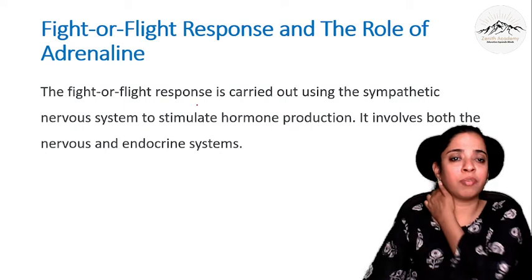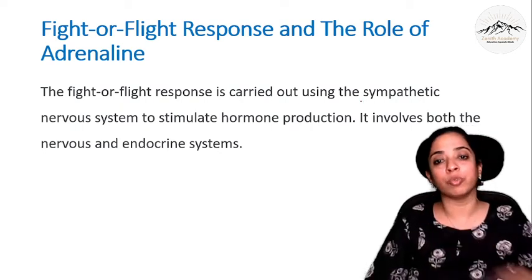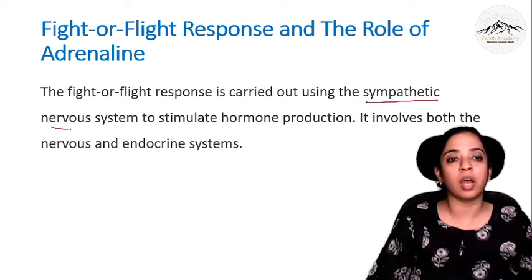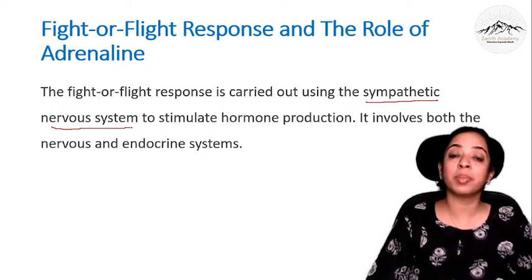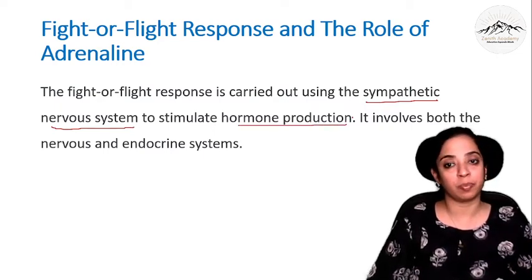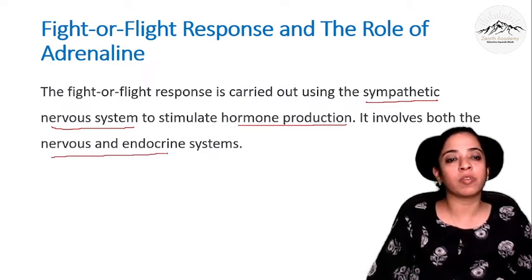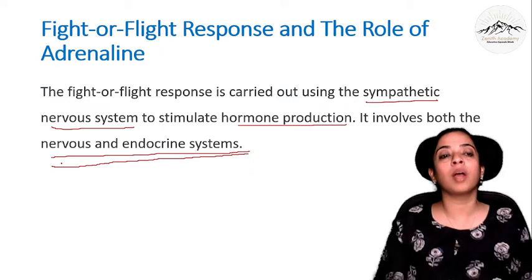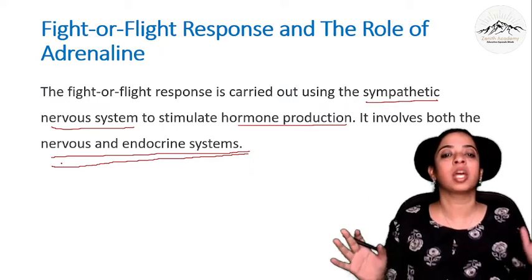The fight or flight response is carried out using the sympathetic nervous system. And what does the sympathetic nervous system do? It stimulates hormone production. It involves both the nervous and the endocrine system.